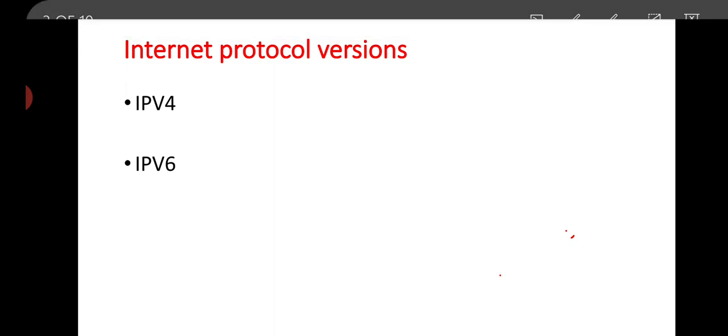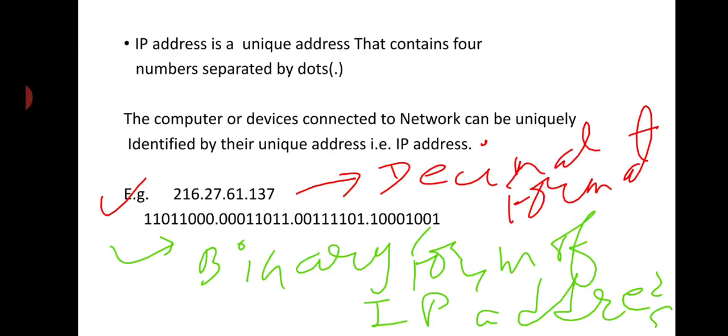Now, as stated here, the computer or device connected to a network can be uniquely identified by its unique address, that is, the IP address. Suppose you are going to a shopping site, that means, suppose you are going to JHV mall for shopping.